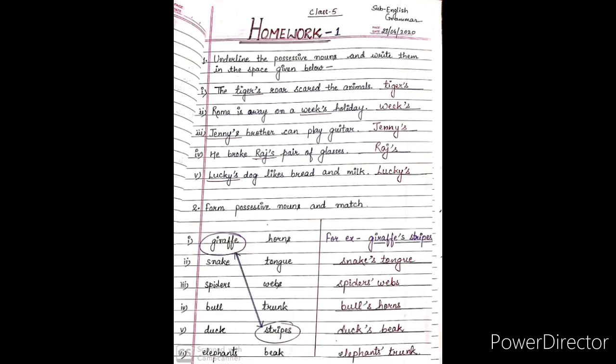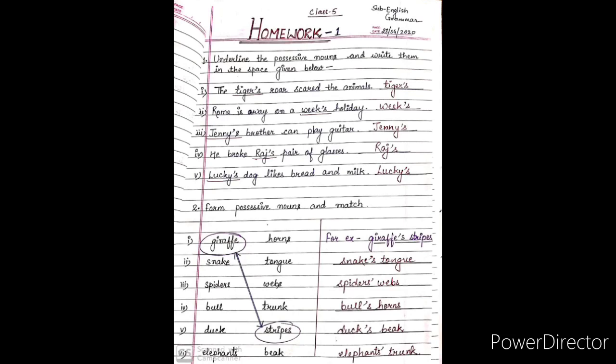Lucky's is your possessive noun. It shows the dog belongs to Lucky. A possessive noun shows the ownership and the relationship between the nouns, like to whom the noun or thing belongs.